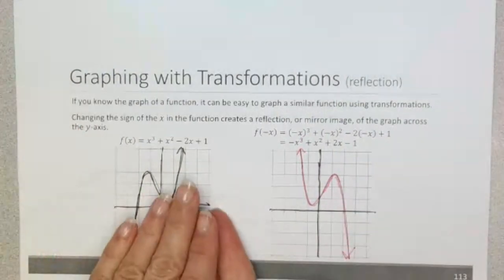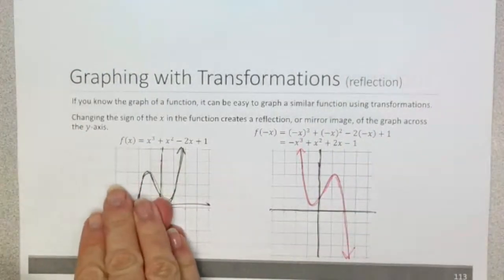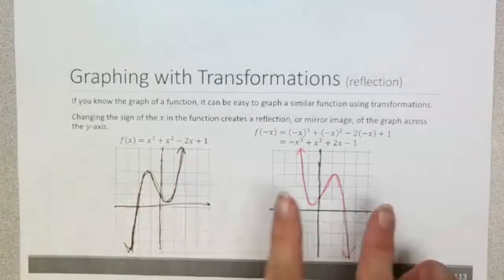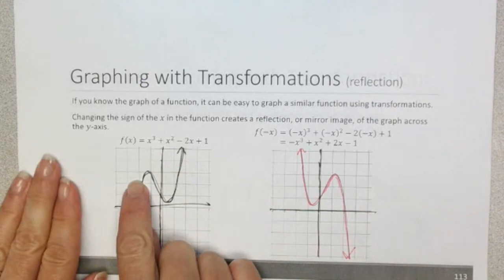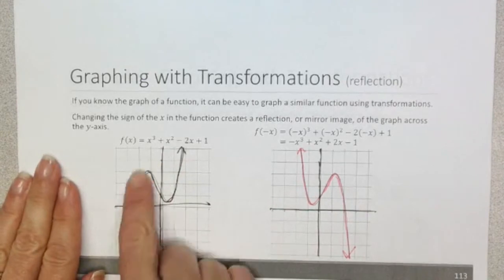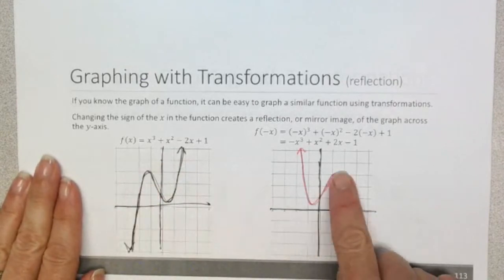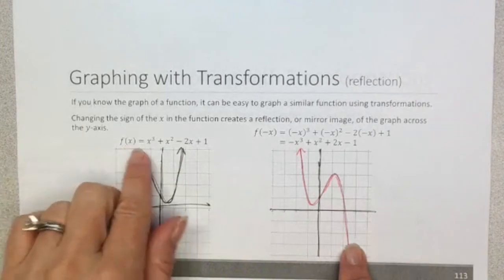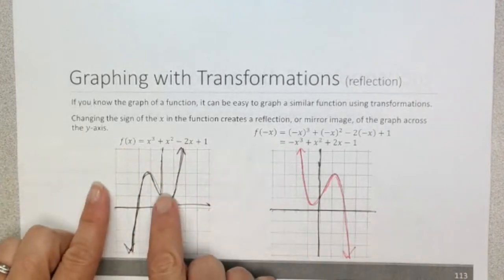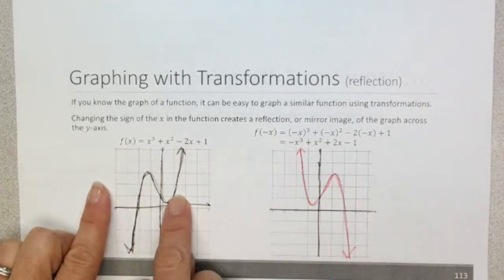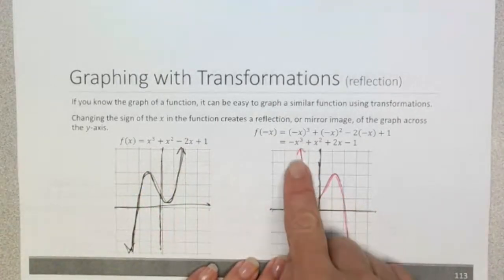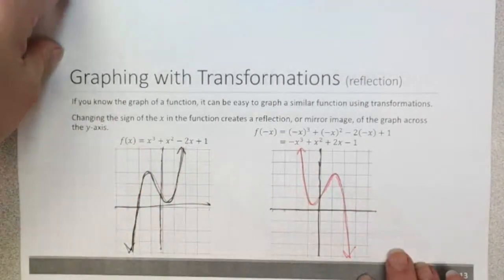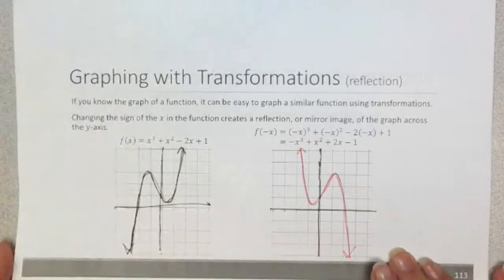So here's our original. If we imagine flipping that over the y-axis, we get the pink graph, right? So look, over here, all my negative x's, this shape on the graph, came over here and became positive. So we have f of negative x. All my positive x's over on this shape in the graph, when I reflected across the vertical axis, they became negative x's over here. Okay, so we can have reflections.